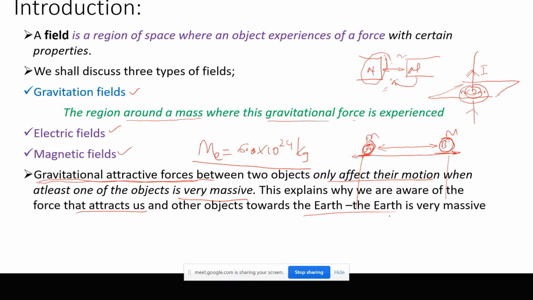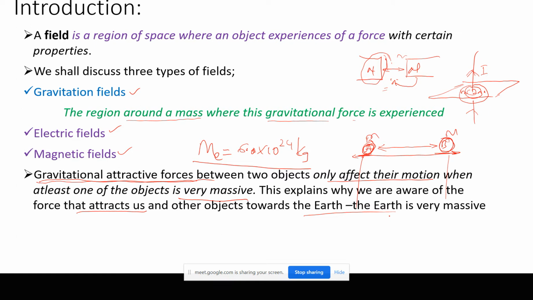Any region around a mass where a force is felt is called the gravitational field. And according to Isaac Newton, all masses create a gravitational field in the space around them, including yourselves.